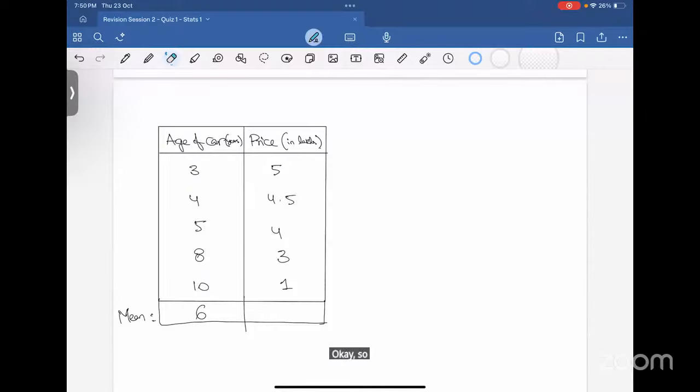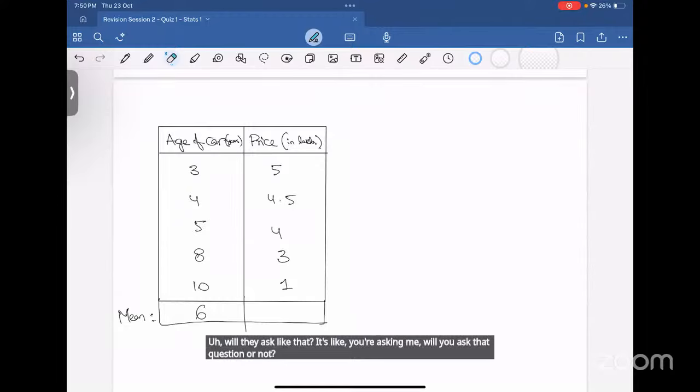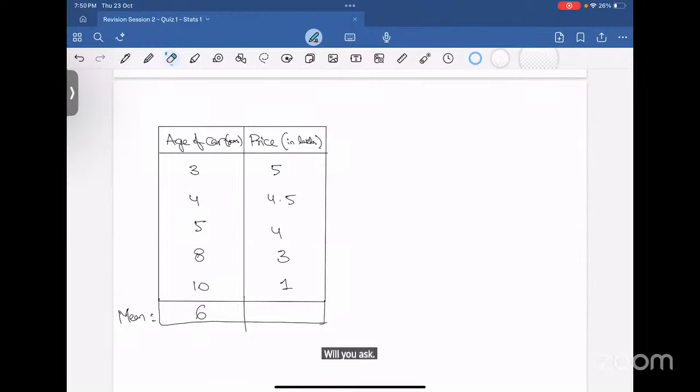Will they ask for this covariance and correlation coefficient computation? As I said, we are skipping the point biserial thing because it is just a formula and requires a lot of computation.